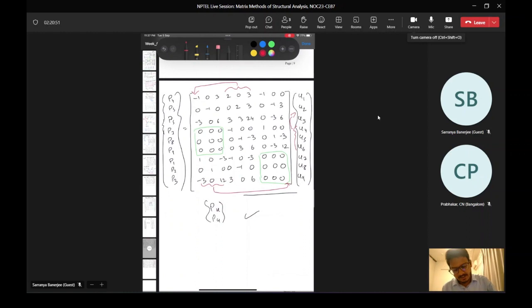So in this case it was 4, 5, 6, 7, 8, 9, 1, 2, 3, and here it was 1, 2, 3, 4, 5, 6, 7, 8, 9. The different degrees of freedom associated to this stiffness matrix. Is this understood? Yeah, clear.